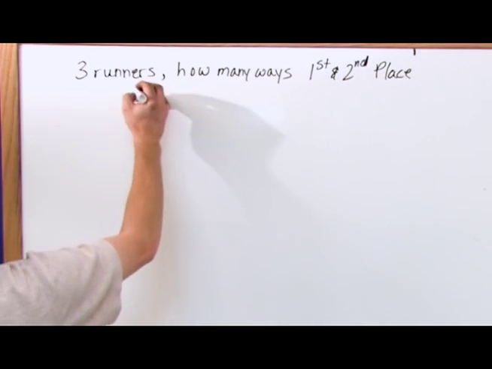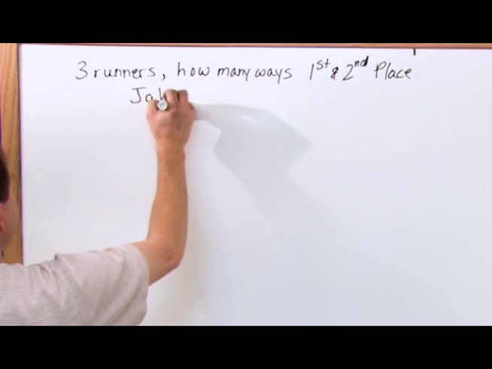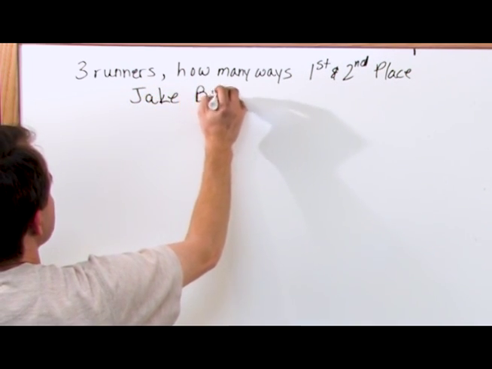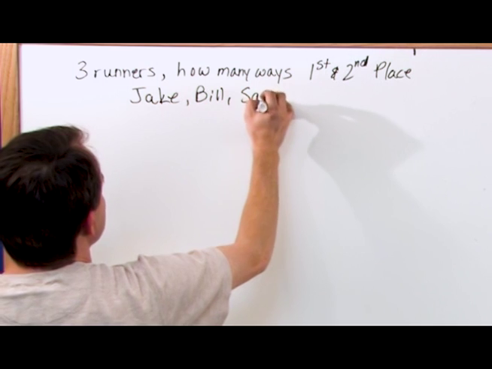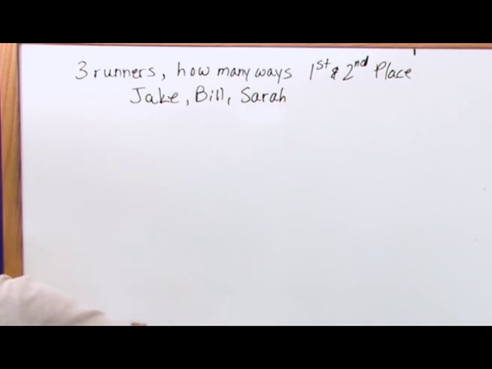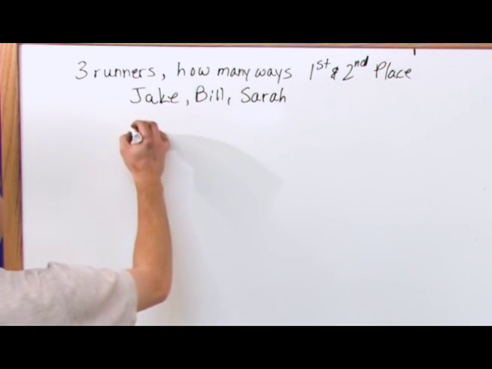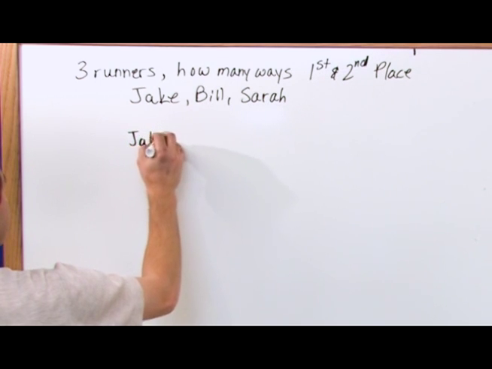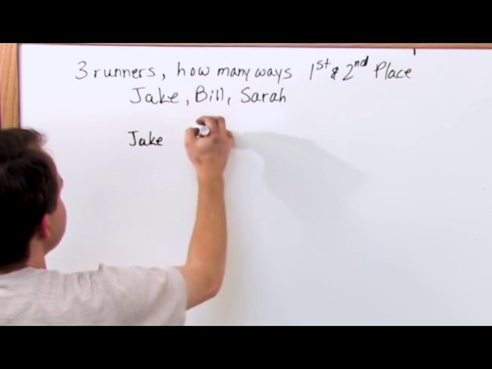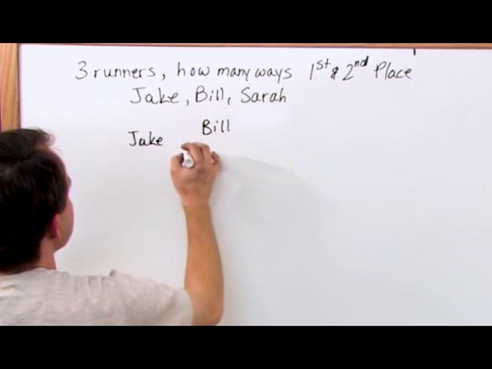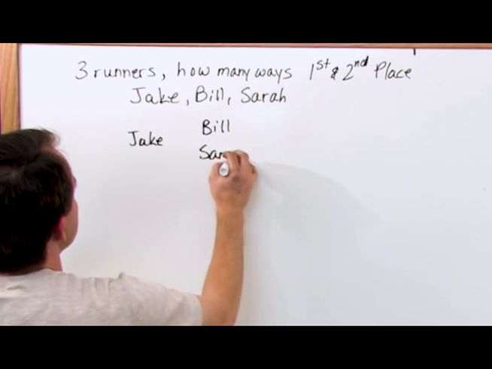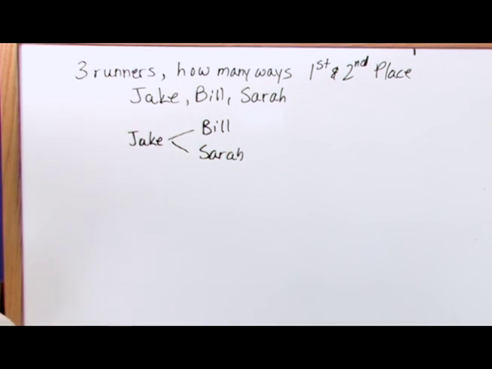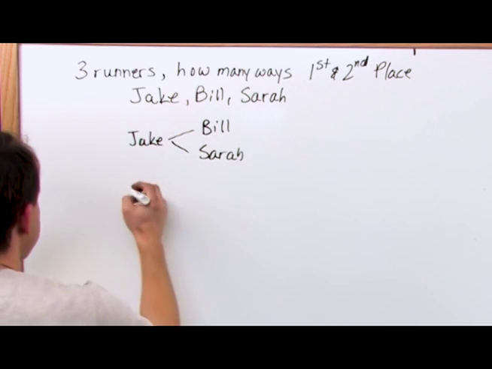So if I had, for instance, Jake, Bill, and Sarah, what we did in the last section is we built our tree diagram. We said, well, Jake can finish first, and once we pick Jake, then Bill could finish second, or Sarah could finish second. And we also said, if Jake didn't finish first, let's say Bill finished first.